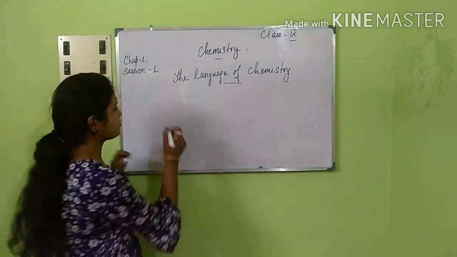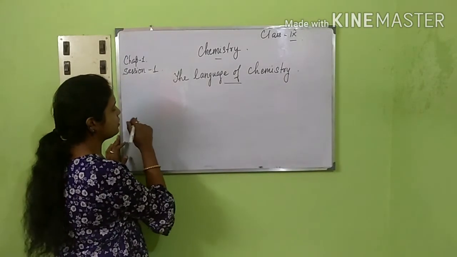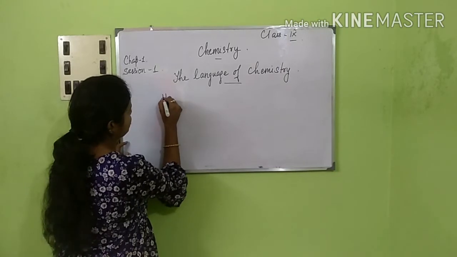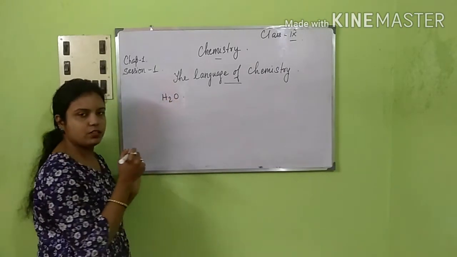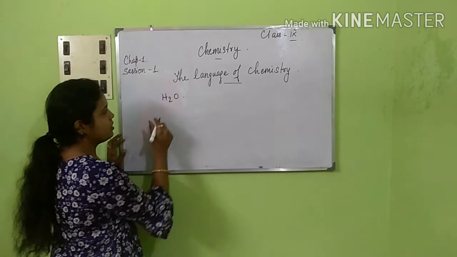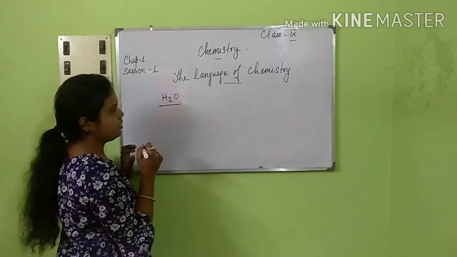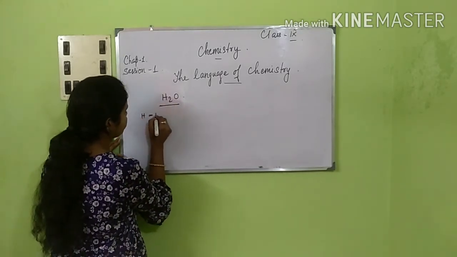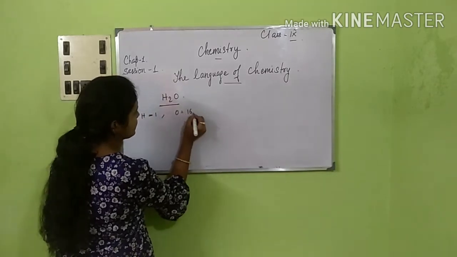Let's consider the atomic weights first. Take water, H2O. Let us calculate its molecular weight. Atomic weight of hydrogen is 1 and oxygen is 16.